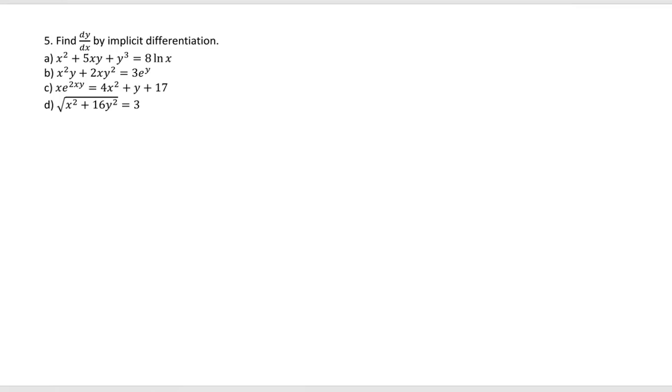Okay, last one. D, square root of x squared plus 16y squared equals 3. Now, sometimes it's easier if you first square both sides and then you differentiate. See, the square roots are really not so easy to differentiate.